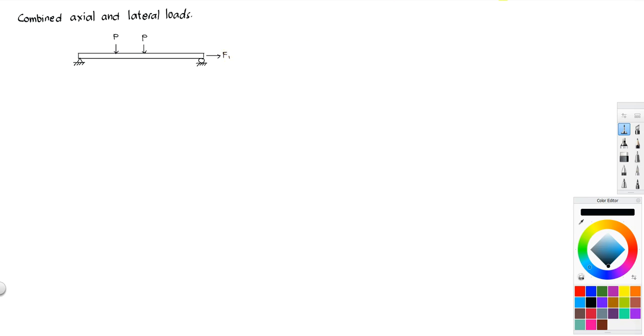Okay. So now we will proceed, and maybe this would be the last topic that I will discuss on deformable bodies. I cannot neglect it, because in past board exams there were many combined stresses. Even in my board exam, we had this kind of combined axial and lateral loads.